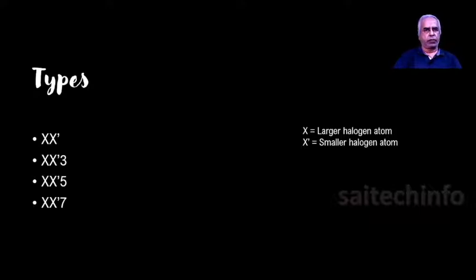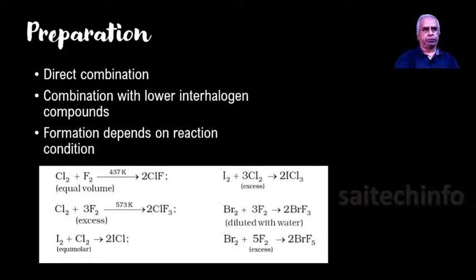So IF7. Okay. And regarding the preparation, it can be prepared by direct combination, or it can also be prepared by combining with the lower interhalogen compounds. The type of interhalogen compound formed depends on the reaction conditions.